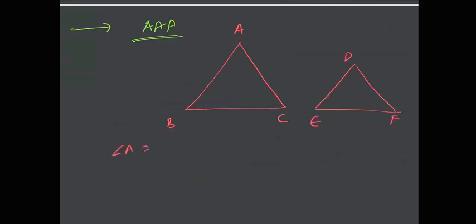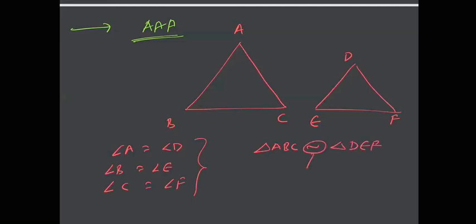If angle A is equal to angle D, angle B is equal to angle E, angle C is equal to angle F, then we can say that triangle ABC is similar to triangle DEF. So this is the notation for similarity.